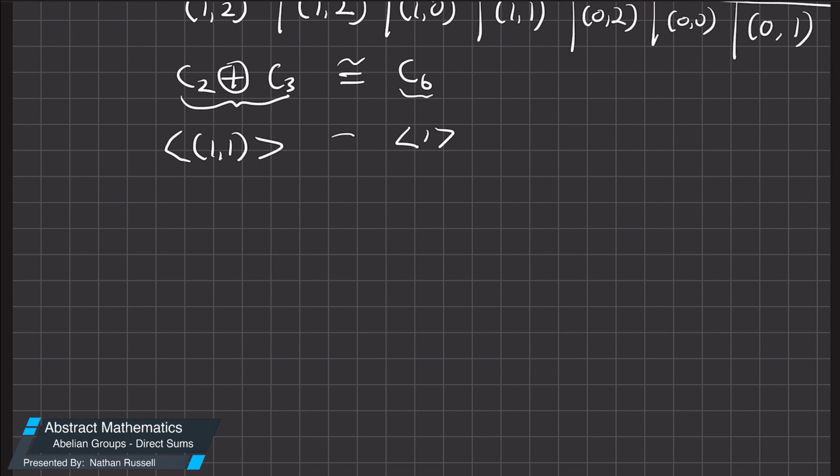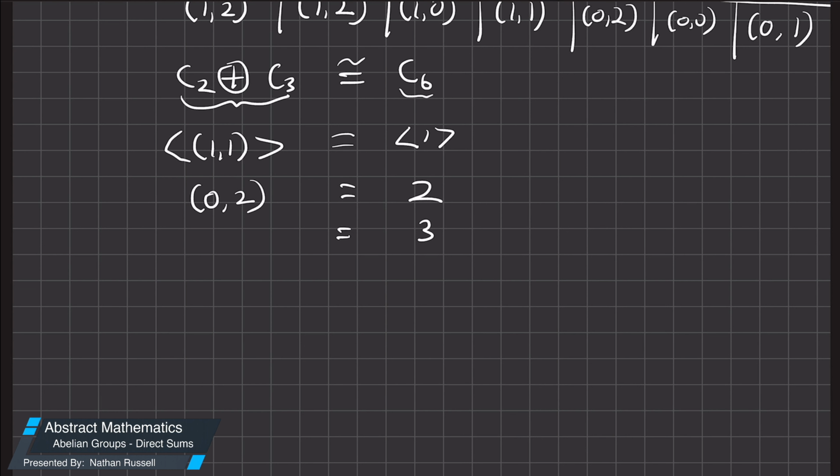So if we map these two together, then that means I can go through and I can just generate them to get all the elements on both sides. So what is 1 plus 1? Well, that becomes 2 over here, but what is 1 plus 1 over here? That becomes 0, comma 2. Okay, well, add 1 to this, you get 3.